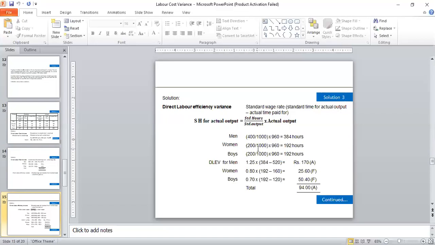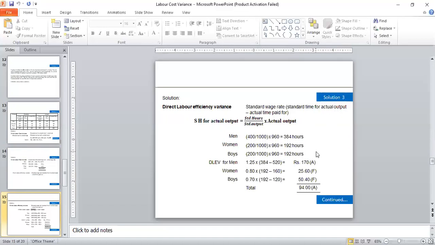For the women, same: standard hours is 200, standard output is 1000 multiplied by actual output 960. Means standard time for actual output in the segment of women is 192 hours.